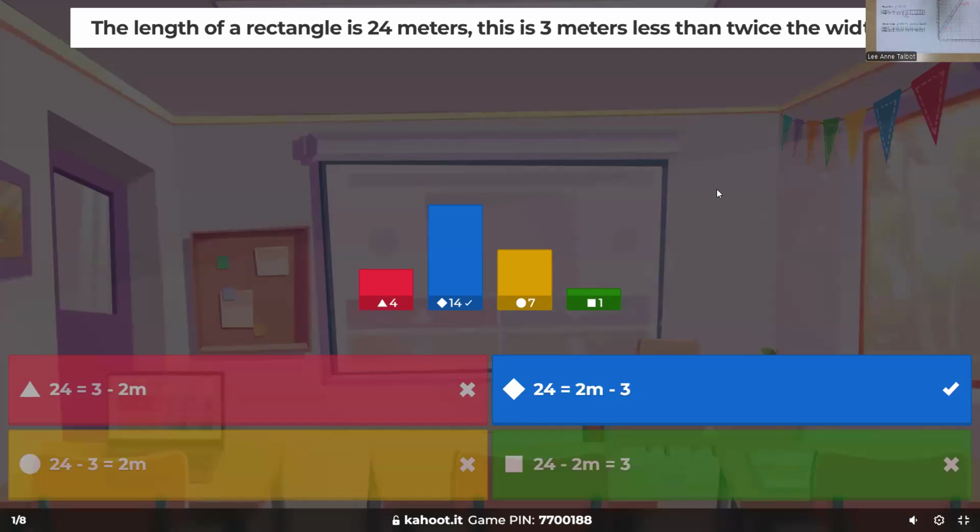Nice. So you guys, the key here, less than usually comes after subtraction. So you have to go subtraction and then put that number after.